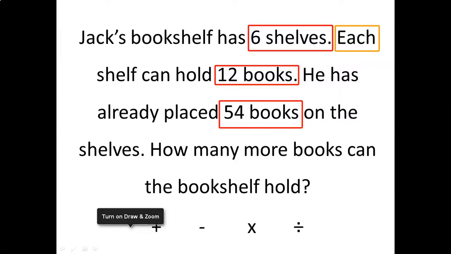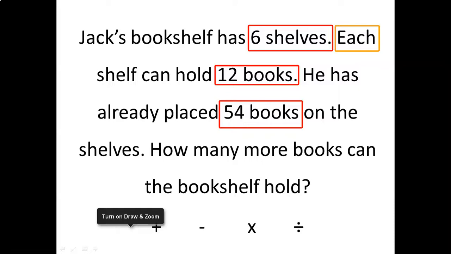We know that the word each can give us 2 different operations. We can look at that as multiplication or we can look at it as division. So it's really important that we determine, do we know our whole? Do we know that total? Are we searching for the total? Because that's going to help us determine which of these operations we want to do.